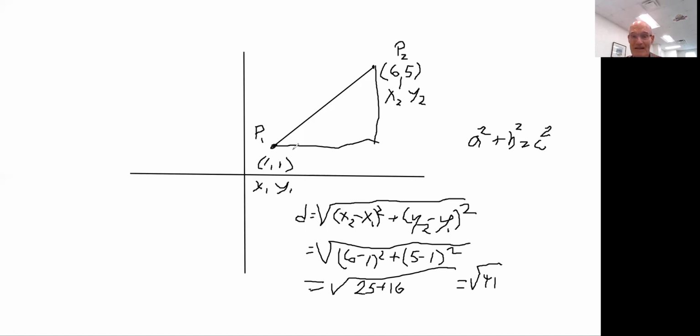This side, if you go from 1 to 6, is 5. And if you go from this one in the y direction up to 5, that's 4. So all you're doing is side squared plus side squared equals, and this over here is distance. So that's just a special use of the Pythagorean theorem, okay?